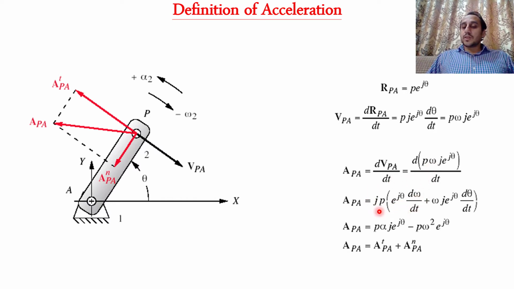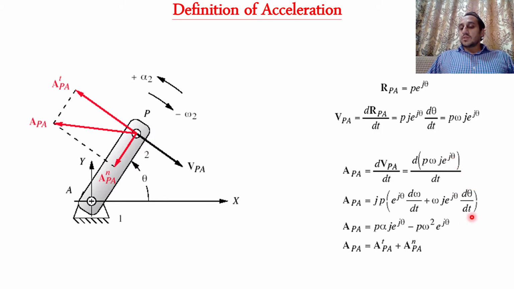So this is the first term. The second term में हम क्या assume करेंगे? That omega is not changing and this theta is changing. So what will happen? We will have j, we will have p, we will have omega, and we will have this term as it is, and then we will take the derivative of this angular displacement.